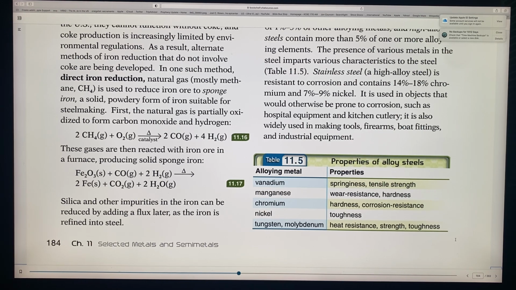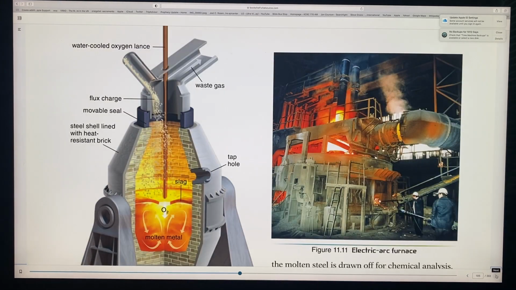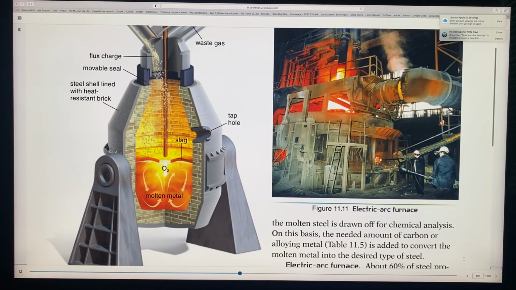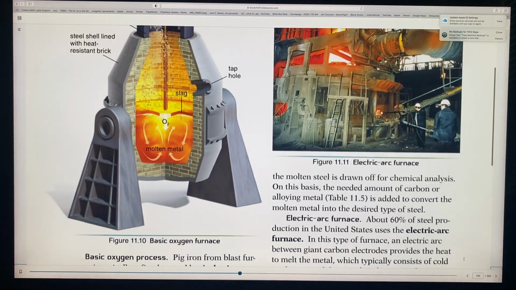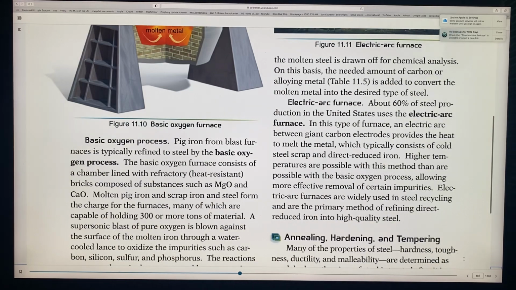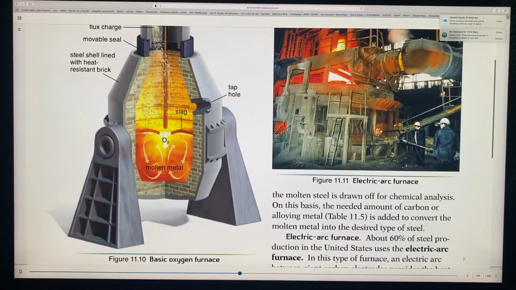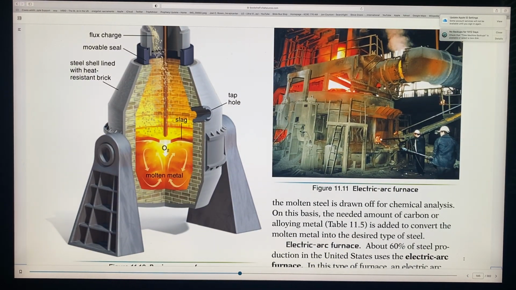So, okay, the steel refiner, I'm going to show a picture. Here we go. So again, here we have the basic oxygen furnace that's used in steel. The basic type of steel processing is oxygen processing.